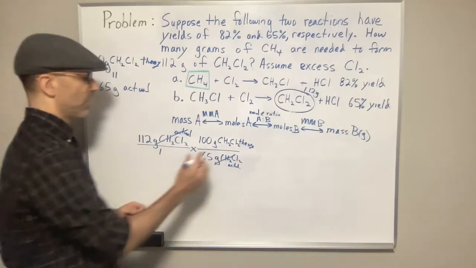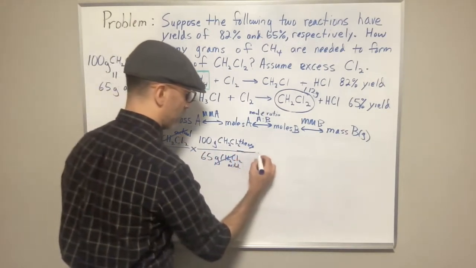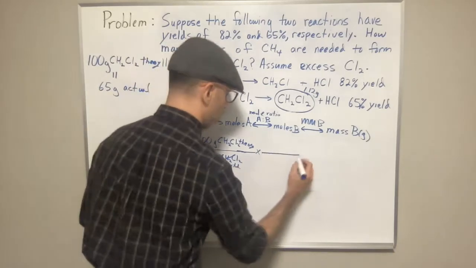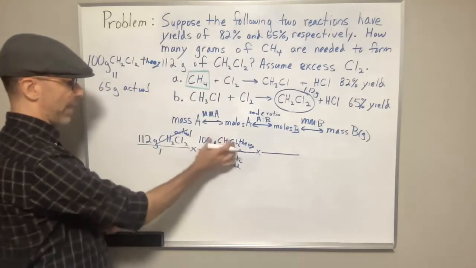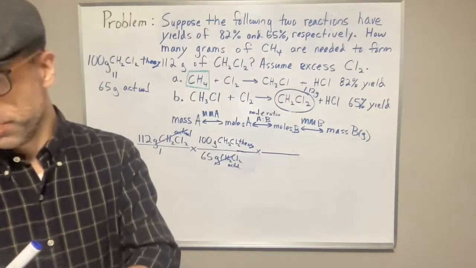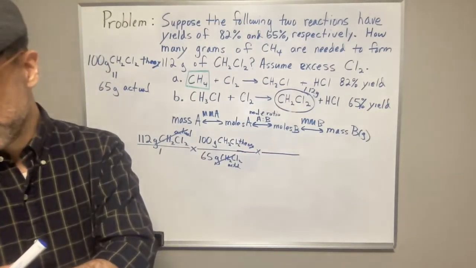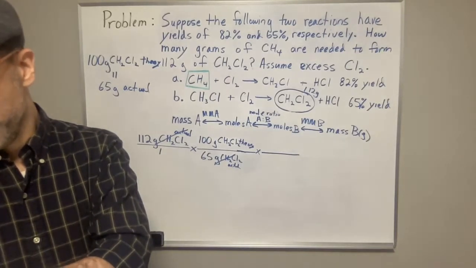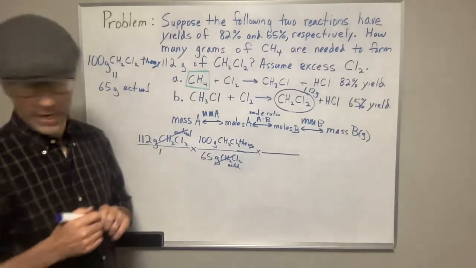Now I can convert that grams into moles using the molar mass of this substance. You calculate the molar mass using your periodic table, and we find that to be 84.927.